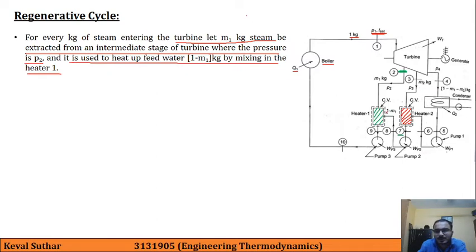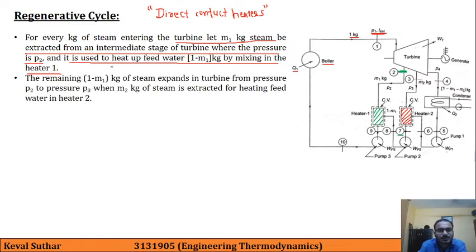And let me tell you, these are direct contact type heaters. Let me write over here that the heaters that we are having are direct contact heaters. Okay, that means both steams are mixed together.